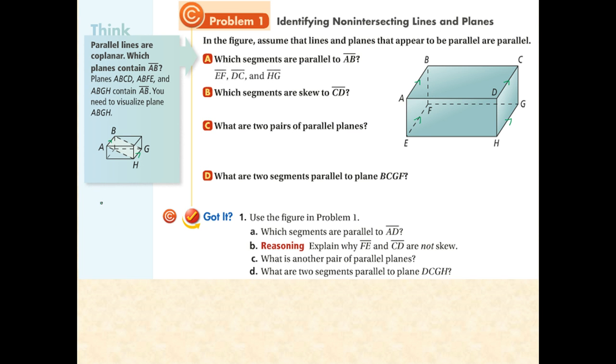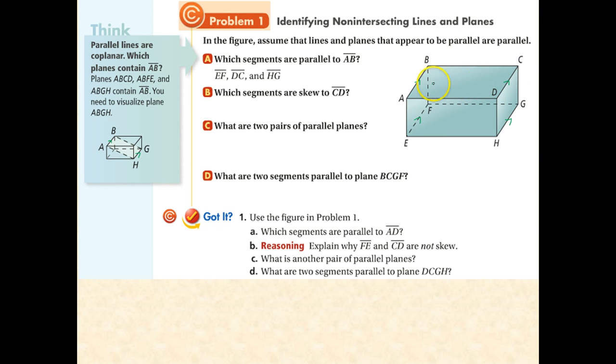So which segments are parallel to AB? Segment EF, segment DC, and segment HG. What segments are skew to CD? Skew to CD means not in the same plane, so we can't count AB and we can't count GH, and also we can't count FE because of the diagonal plane that comes through here. We can't count AD because that's in the same plane, and it's going to intersect anyway. Can't count BC because that's in the same plane and it'll intersect.